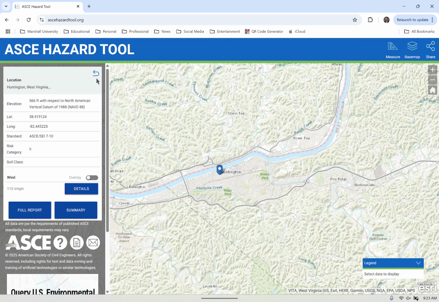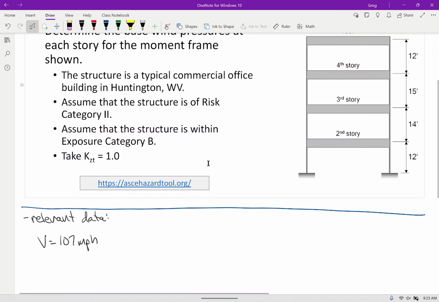I was curious how much it had changed, and it had changed a little bit. They do change the wind speeds from spec to spec. That's one of the reasons you buy these specs every six years, because they collect weather data every so often. You can see the wind speed went from 115 to 107. They're always tweaking it a little based on the most current weather data.